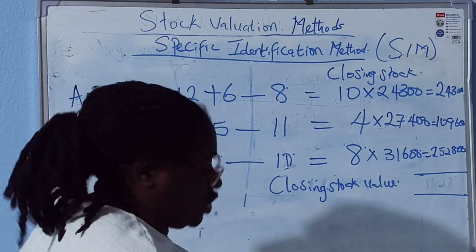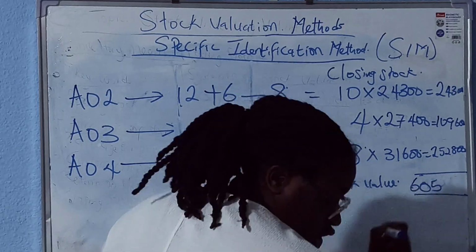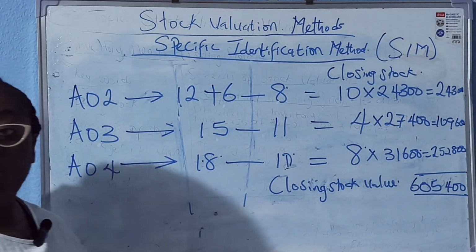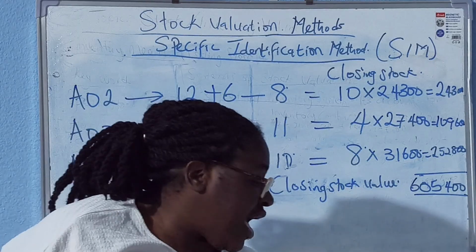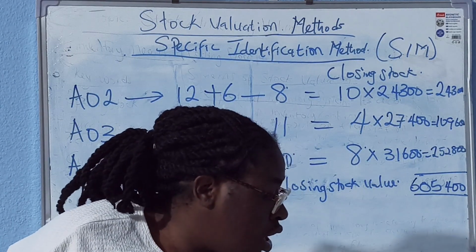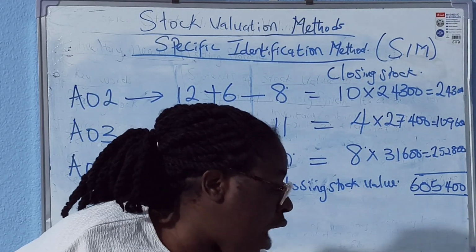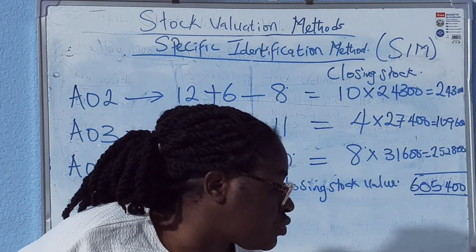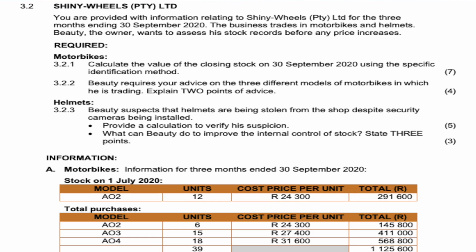So the total closing stock here stands at 605,400. So that is how we calculate the closing stock using the specific identification method.